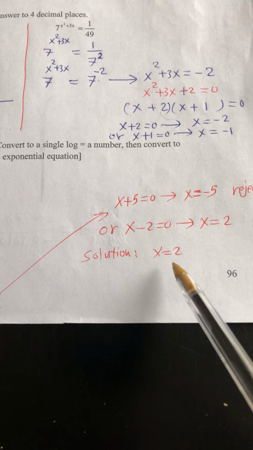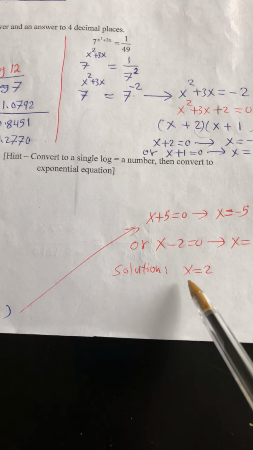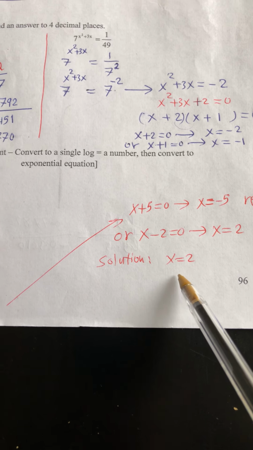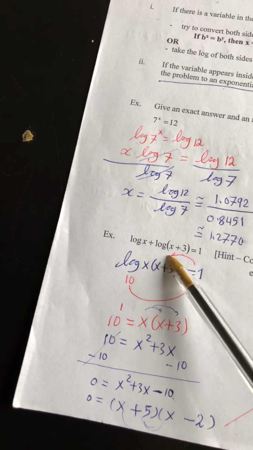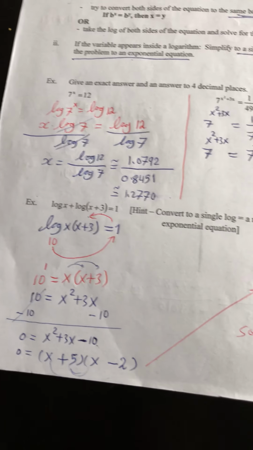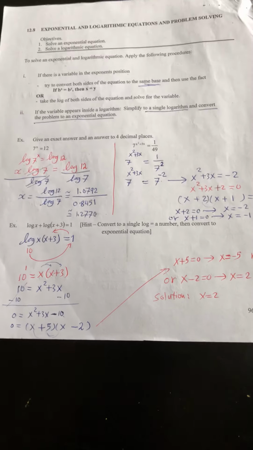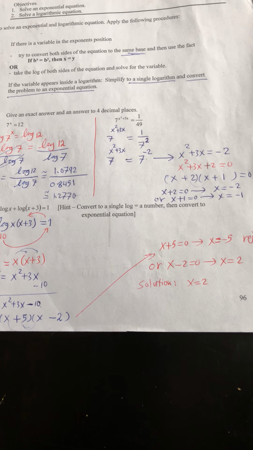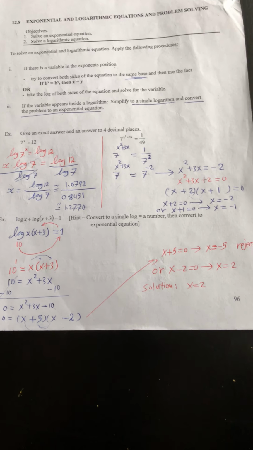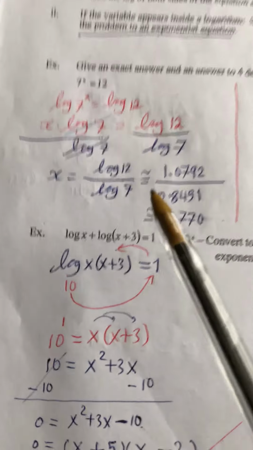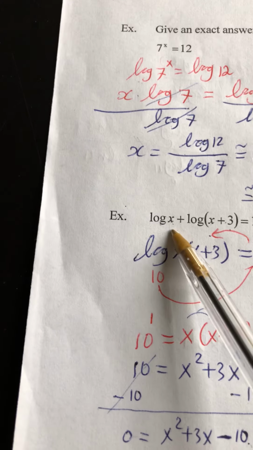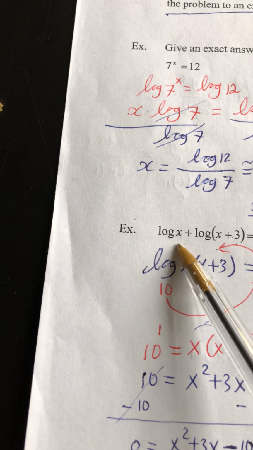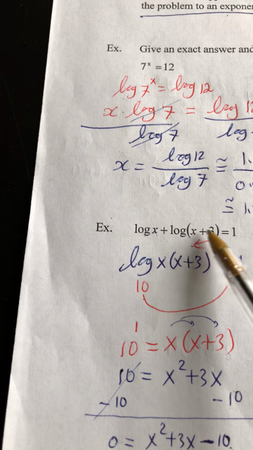You can check by substituting 2 for x in the original equation, and you will get left-hand side equal to right-hand side. So if you substitute 2 for x, we get log 2 plus log of 2 plus 3, which is 5.